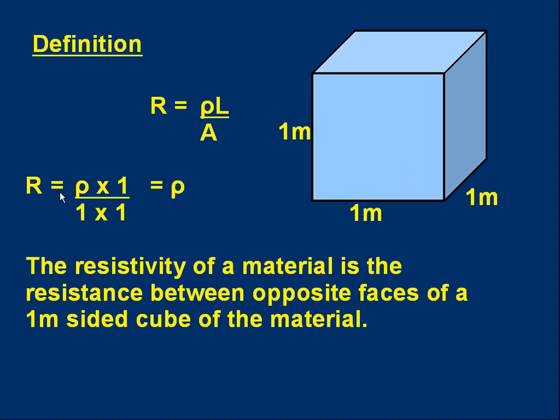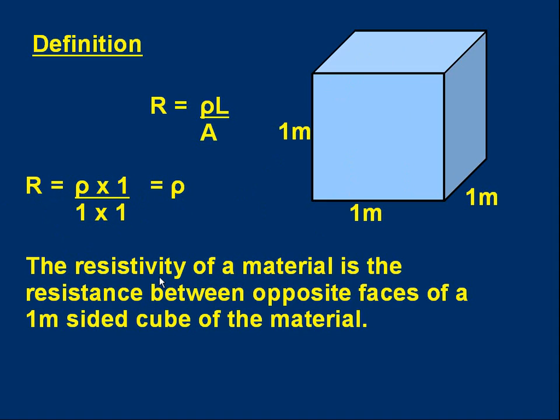The resistance would be the resistivity of the material times the length, well the length from top to bottom is 1 meter, divided by the cross-sectional area. Well, the cross-sectional area would be 1 times 1 square meter. That would leave us with R equals rho. That would be true for this cube, providing it's 1 meter by 1 meter by 1 meter.